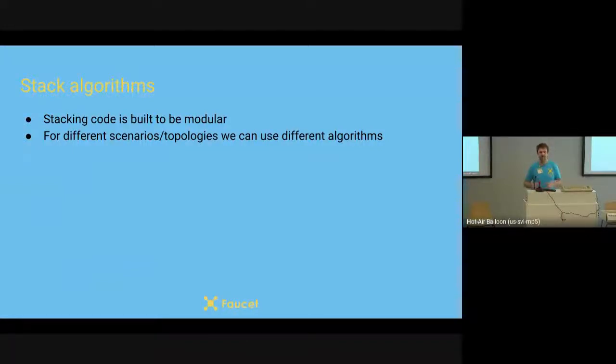That's so that we can enable users to build a whole bunch of different topologies, but all roughly based on the same code base. We never wanted to prescribe to everyone, this is the canonical Faucet stack. We want you to go and play with weird topologies. If they don't work fully optimally, you can throw in some code that is an extra algorithm that treats the traffic a bit differently.